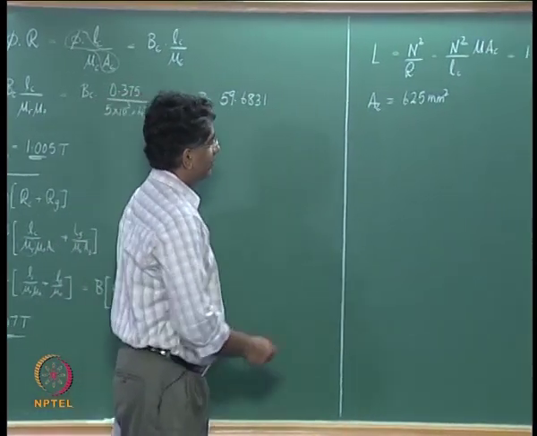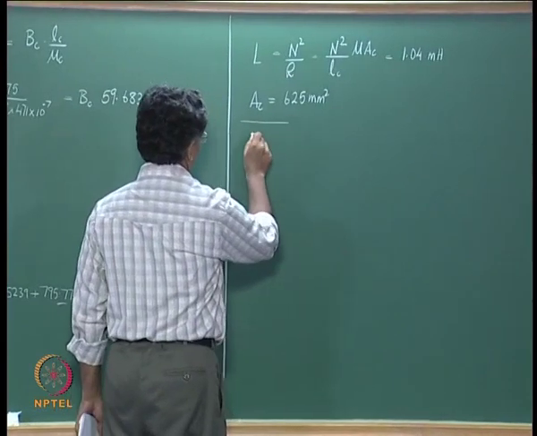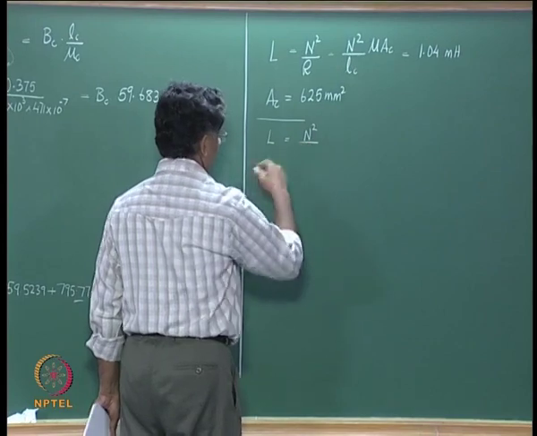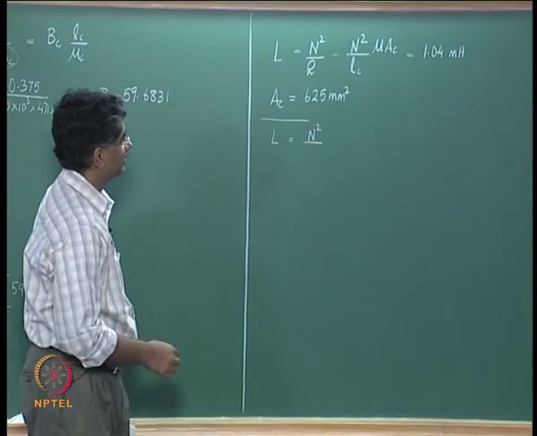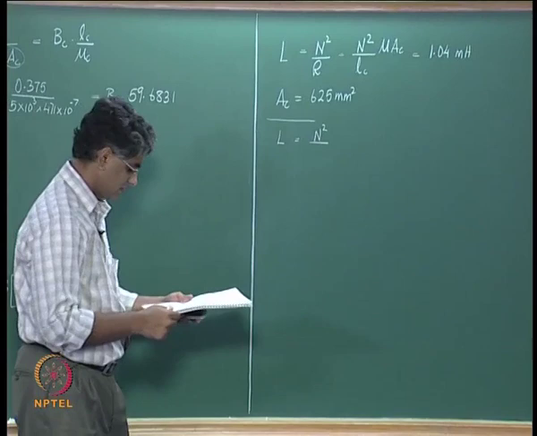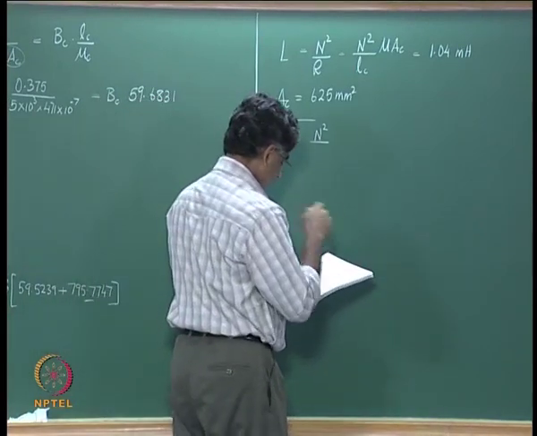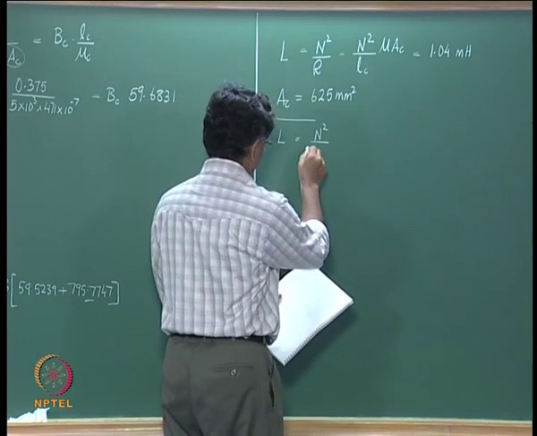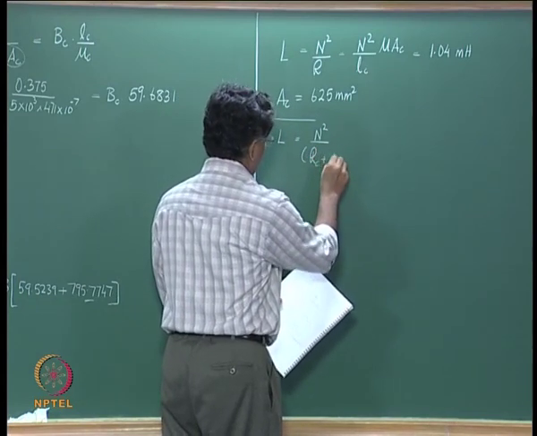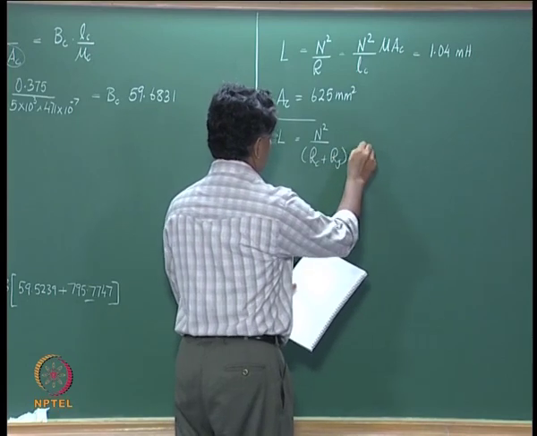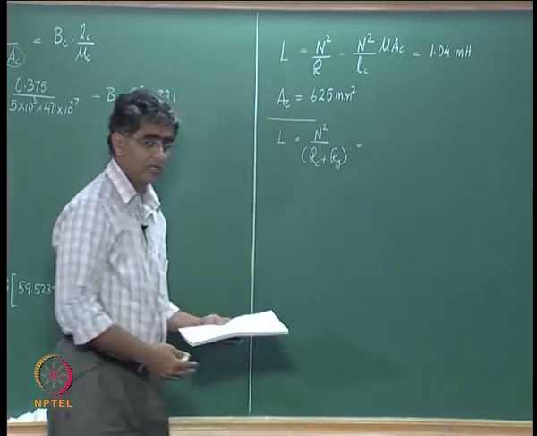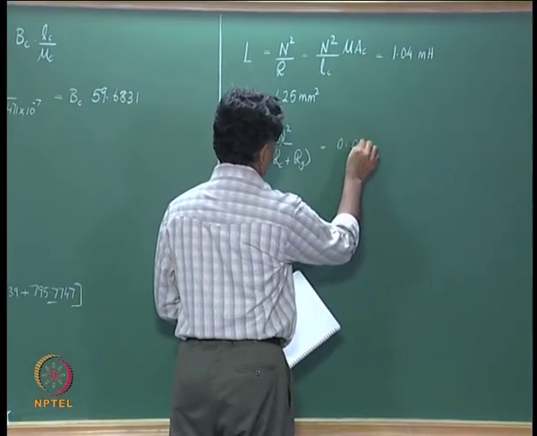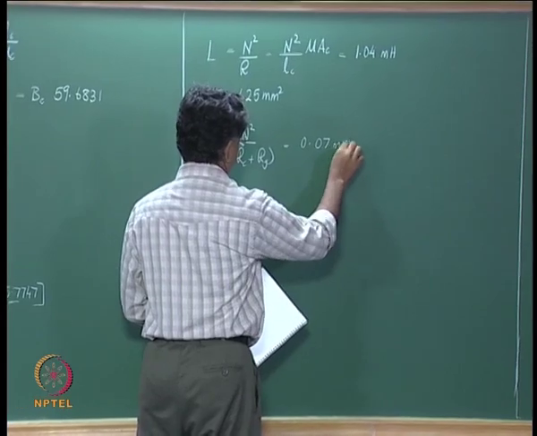On the other hand, if you introduce an air gap, then the inductance is given by N square divided by the net value of R, which is RC plus RG, and if you do that, one can compute these values, you find that the inductance is 0.07 millihenry.